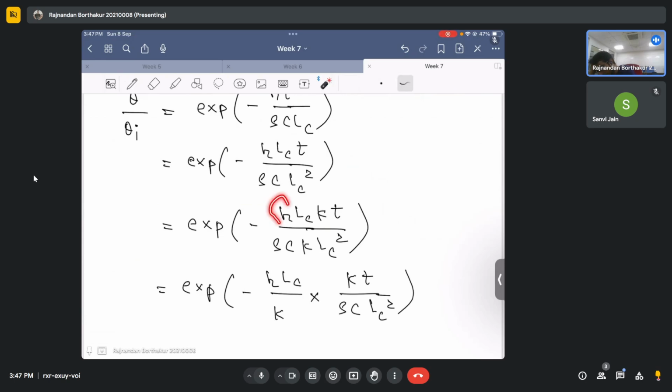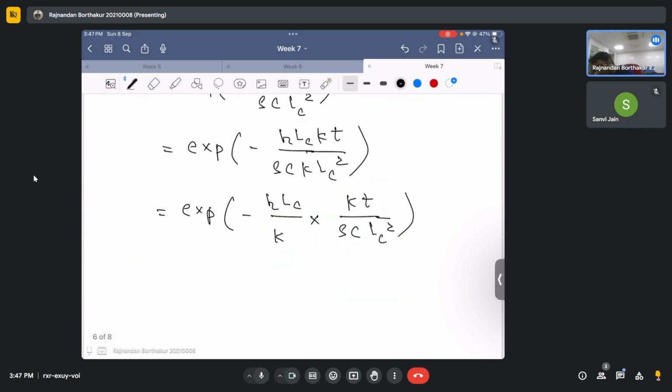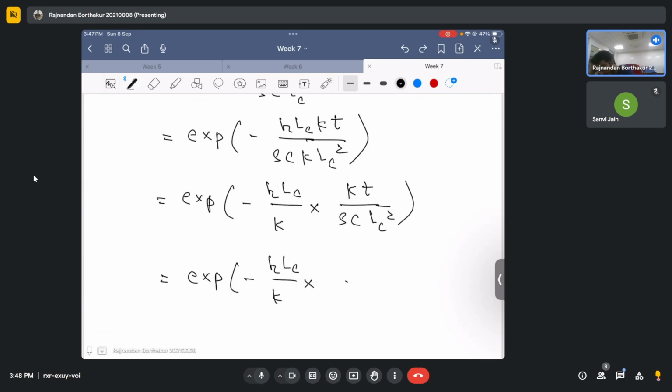Because I've got this hLc by k here, it remains k t, rho C and Lc squared. I can write this as exponent of minus hLc by k into t by rho C by k Lc squared. That's simple, I just brought this k to the denominator.